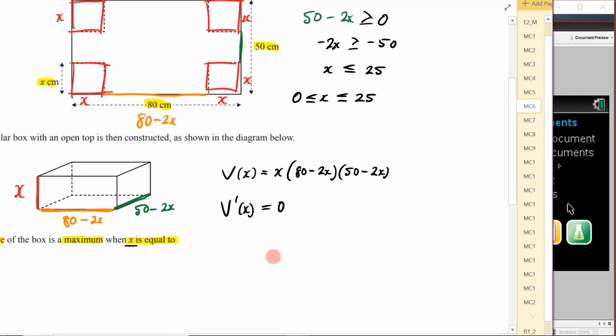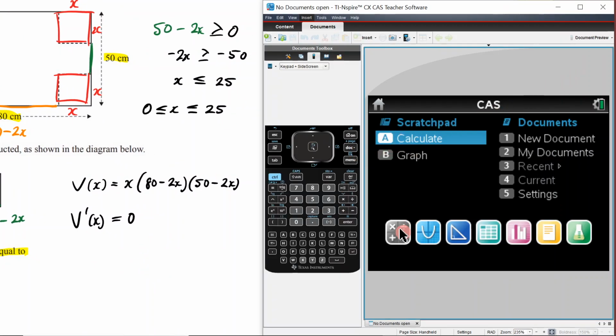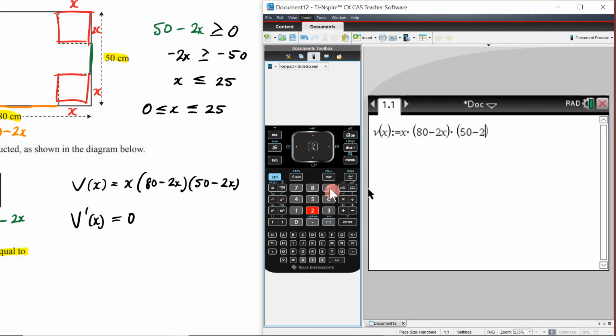So let's now just bring this all to the side because we're going to have to put that information into our CAS. I'm going to begin by just defining what my volume is going to be. So V of x, control equal, is going to be x multiplied by 80 minus 2x multiplied by 50 minus 2x.